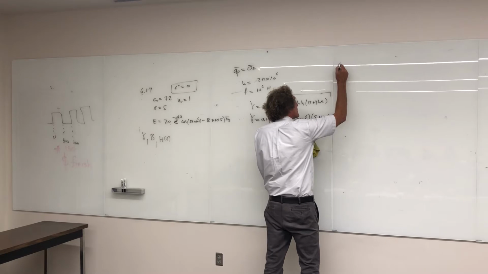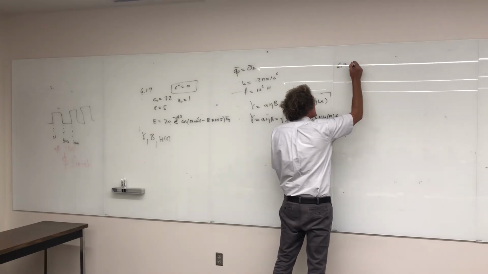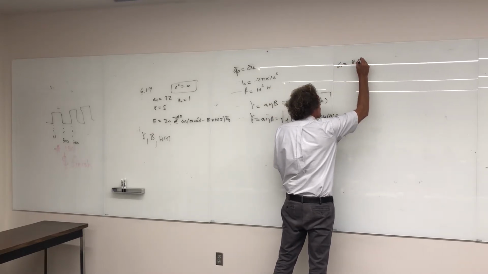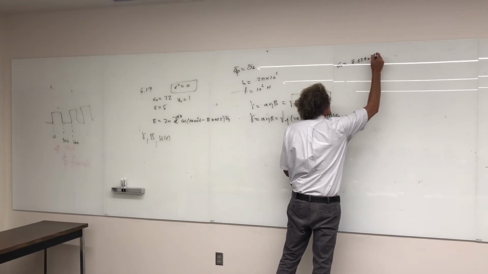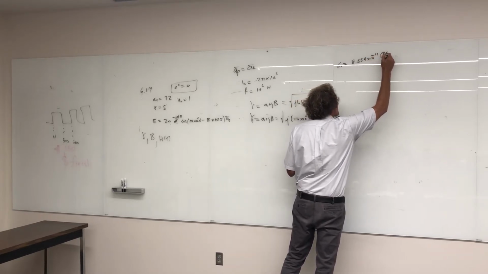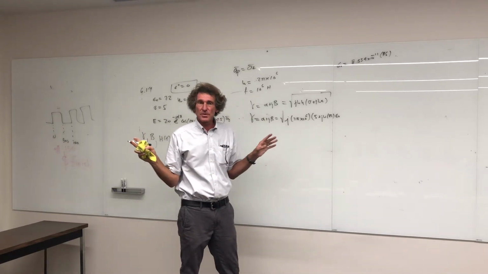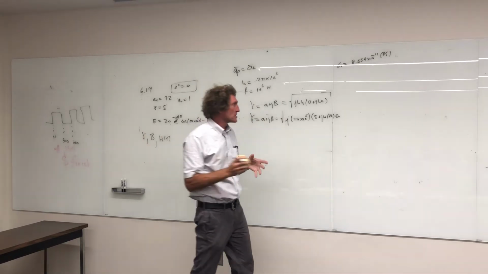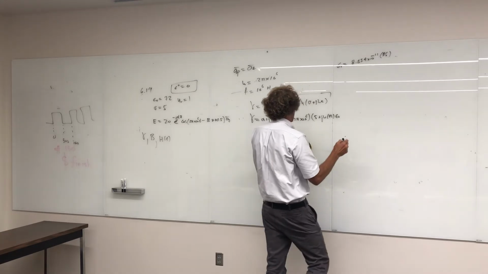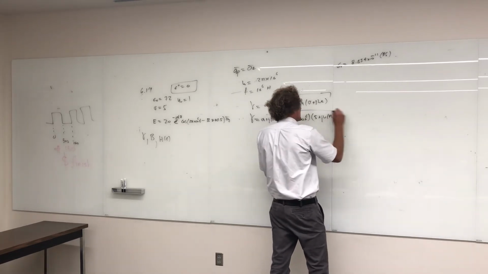Remember, epsilon naught is 8.854 times 10 to the minus 11th farads per meter, or 1 over 36 pi times 10 to the minus 9th. I don't care which one you use, just know it. I left it as epsilon naught there. That's alpha plus j beta.